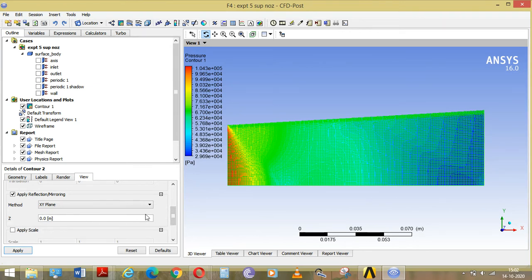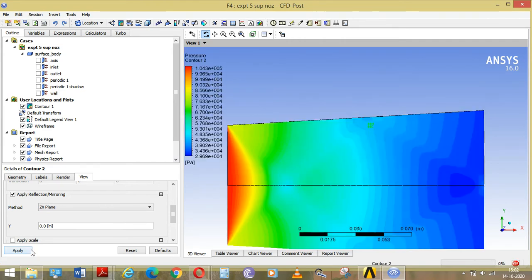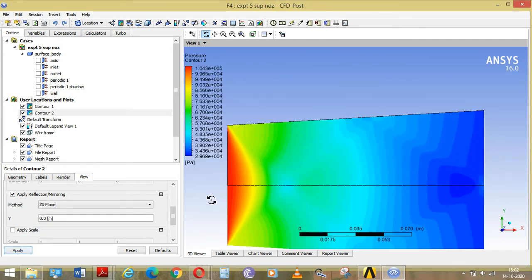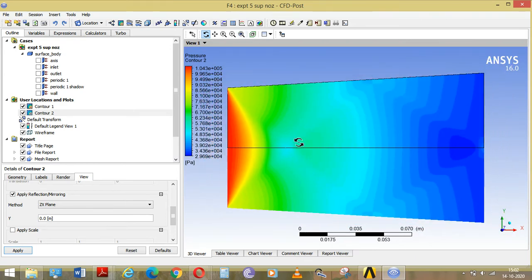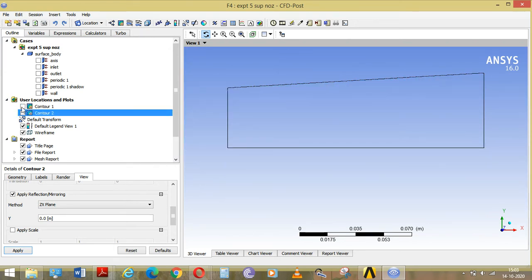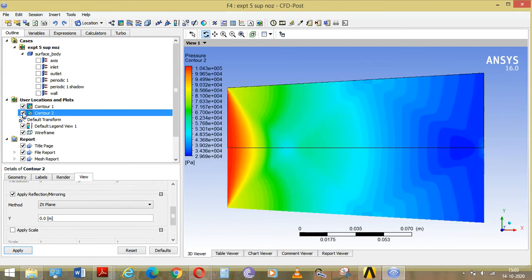I'm sorry, about plane X, Z axis. You apply, you get both the sides. You can't get it in one single contour. You have to create another contour for the other side. You have to click on both so that you see both.